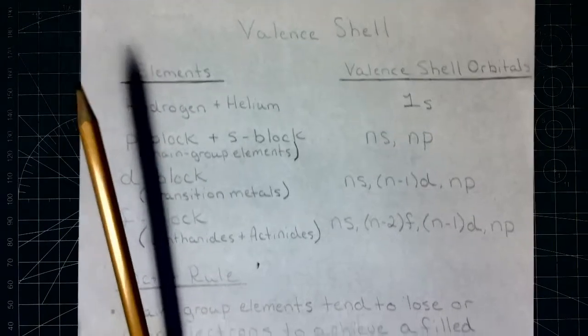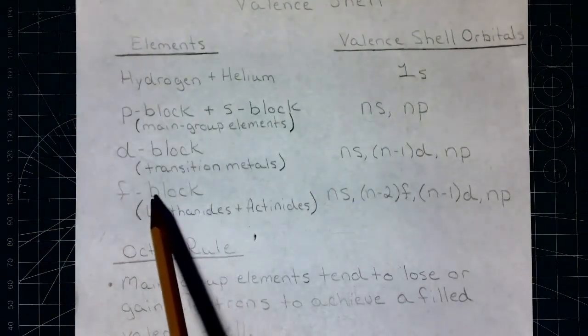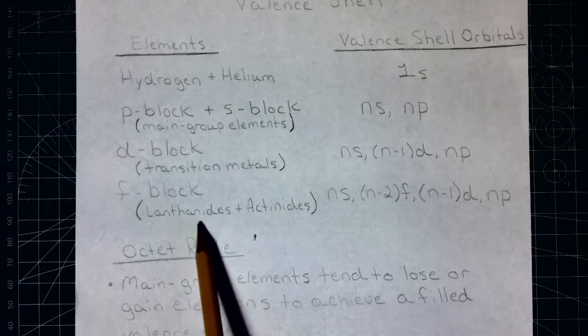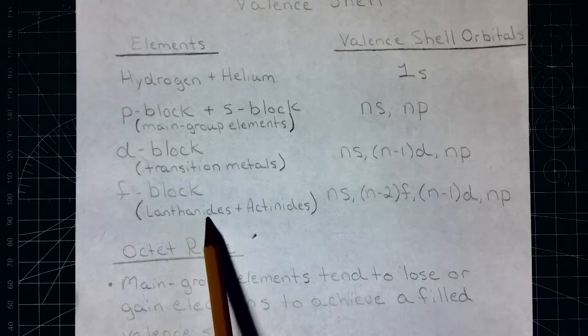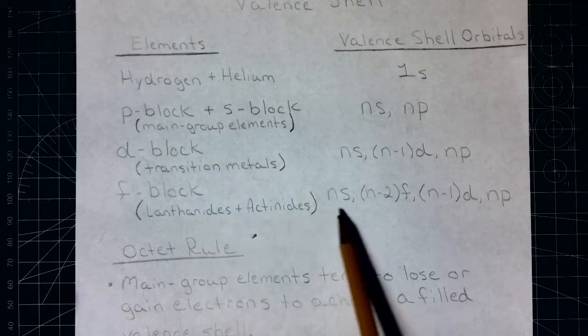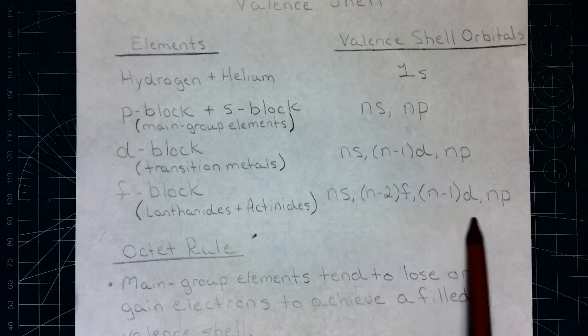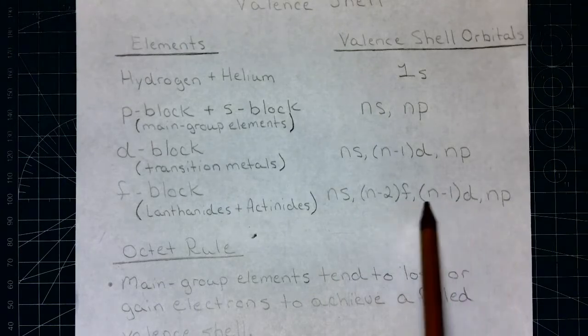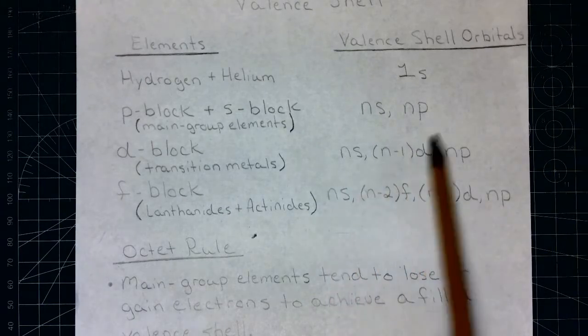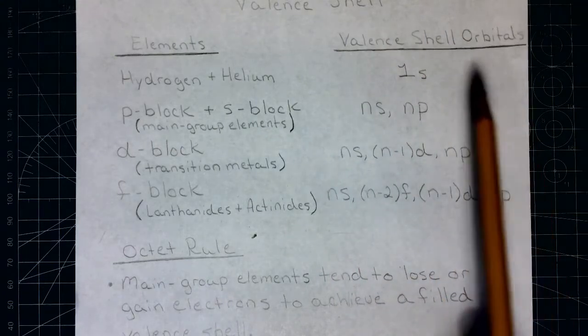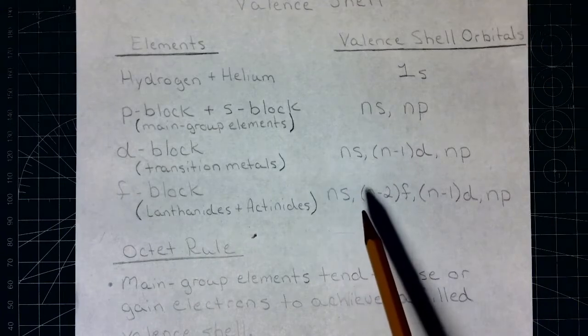And then in the f block, the lanthanides and actinides, or the inner transition metals as we talked about them before, they're going to have the ns, the (n-2)f, the (n-1)d, and the np orbitals in their valence shell. So these are the orbitals where electrons are going to be added to or removed from in a chemical reaction.